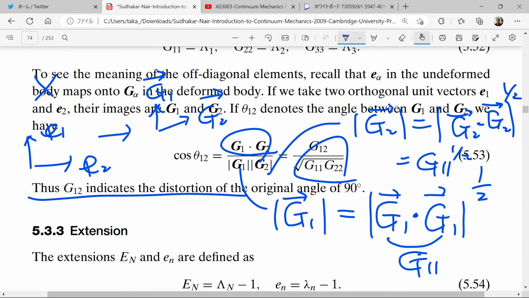So originally in material coordinate, this was a right angle, 90 degree. But then after deformation, the angle changes to this angle. That's it.